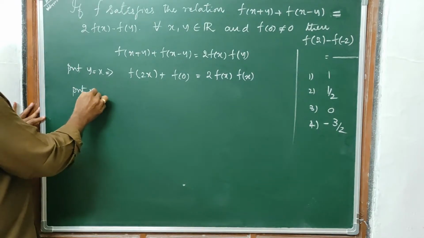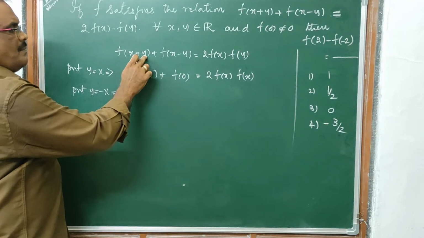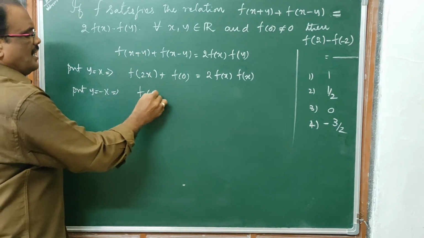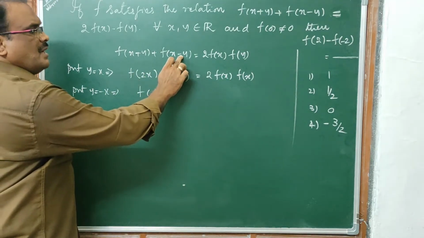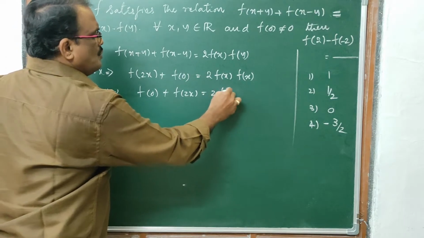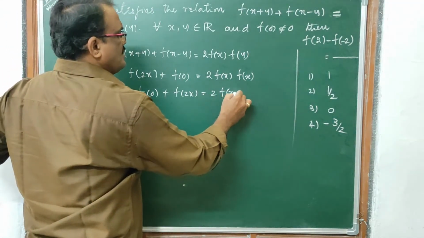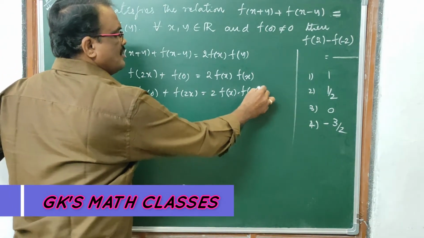Then put y is equal to minus x. If you put instead of y minus x, it gets cancelled and f of 0. If you put minus x, minus into minus will be plus, f of 2x is equal to 2f of x into f of, instead of y, minus x.